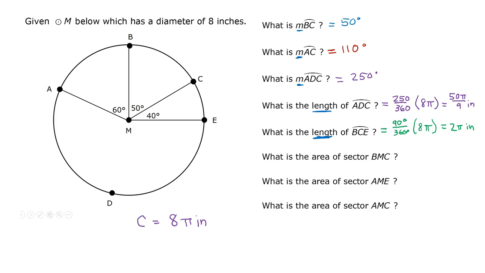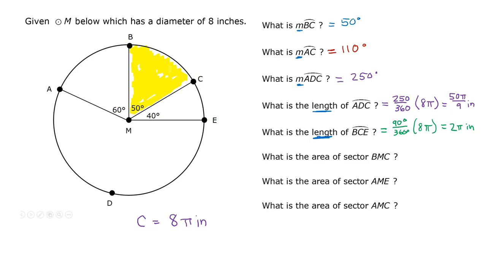So when they say, okay, I want BMC, that means I want basically this sector right here. And we're always going to be looking for the smallest sector. Okay, so that's a sector I'm looking for.